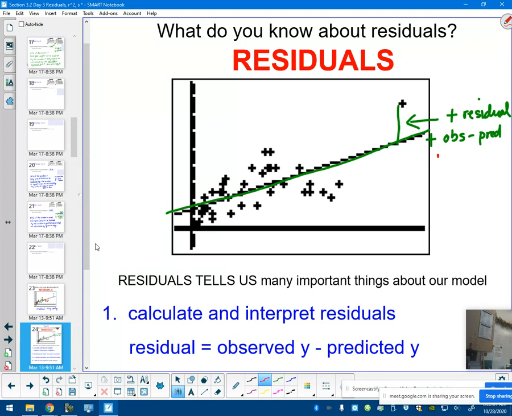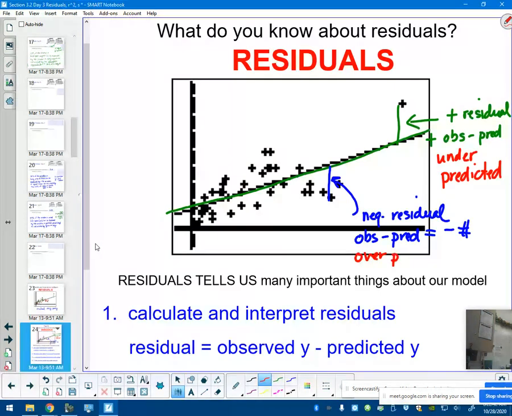So a positive residual means we under predicted. We did not overachieve, we underachieved. And then something like down here, I guess I can put it in a different color. That right there would be a negative residual. When you subtract the observed minus the predicted, you're going to equal a negative number. And that is actually overachieving or over predicting.